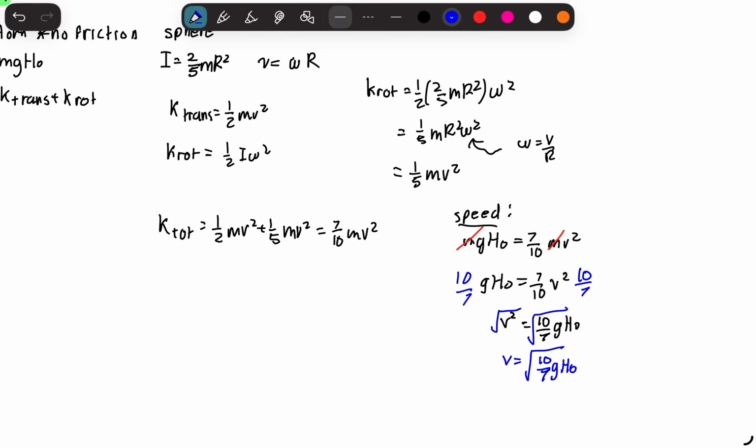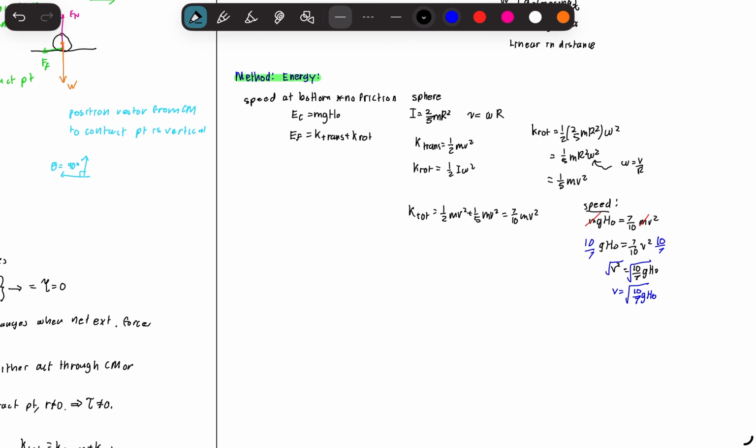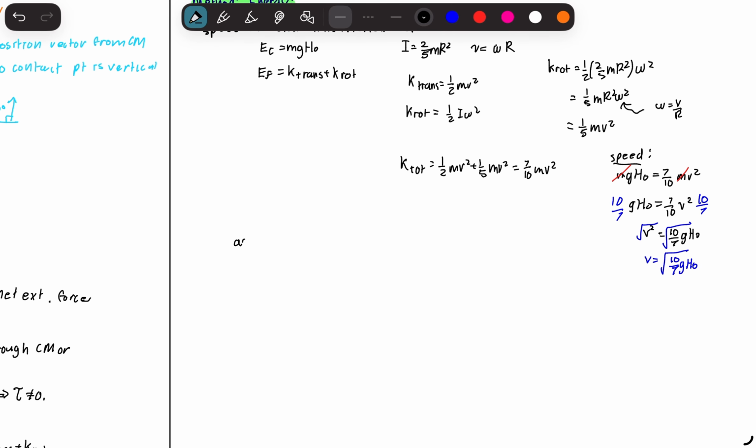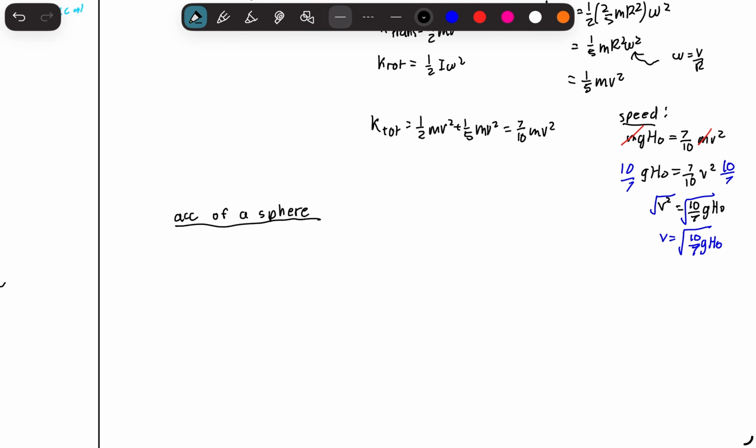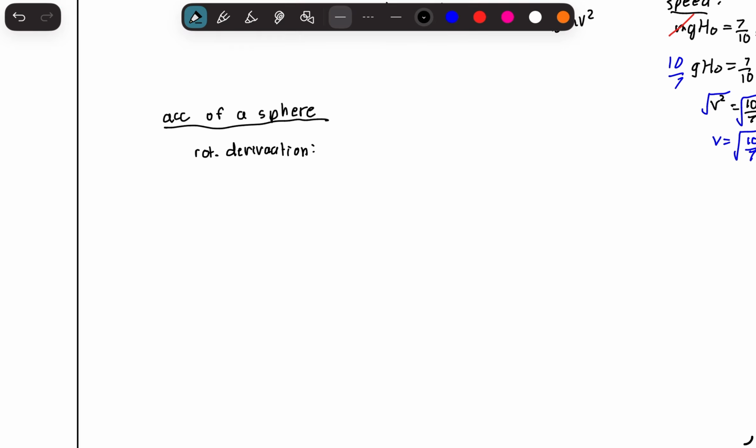Now, for the acceleration of the sphere, we're going to have from the rotational derivation, which we did earlier, a is equal to g sine of theta divided by 1 plus I over mr squared.